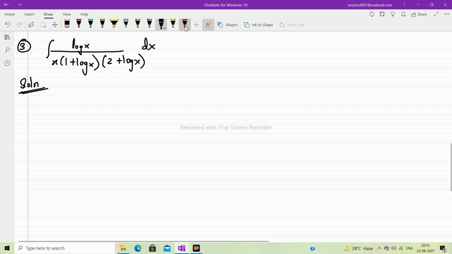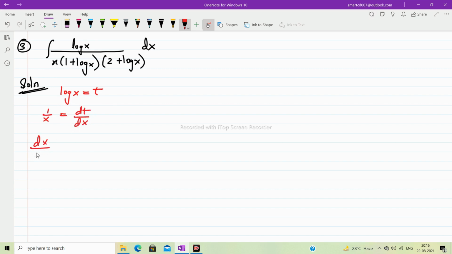We can clearly see in this that the derivative of log x is 1 by x. So what I'll do is I'll put log x is equal to t. If I take derivative on both sides, I'll have 1 by x is equal to dt by dx. So dx upon x is equal to dt, right?